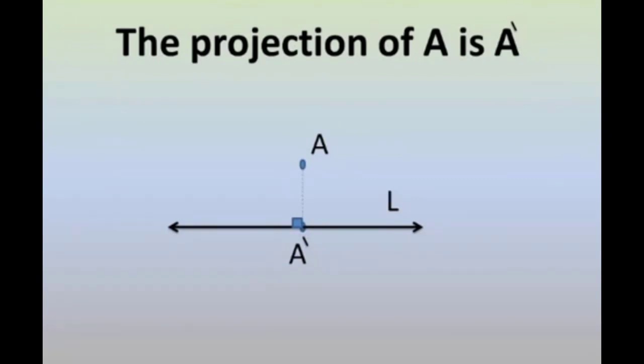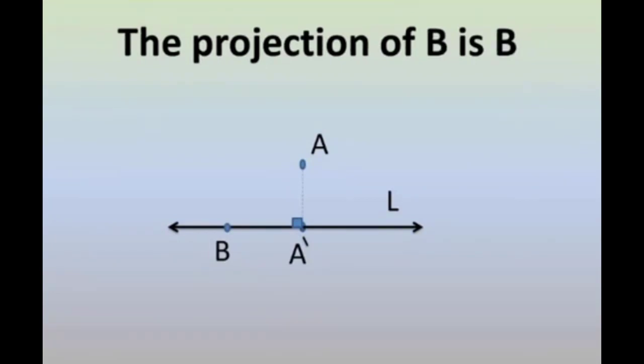Point A is dropped to straight line L as a perpendicular to point A dash. So the projection of point A is A dash, and it must be a perpendicular.